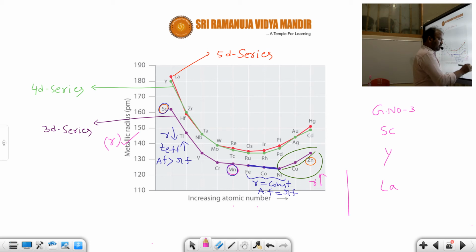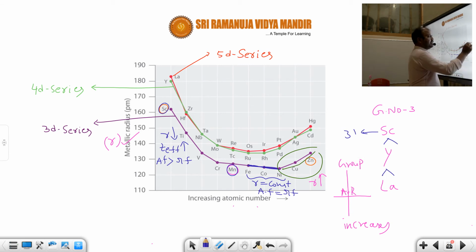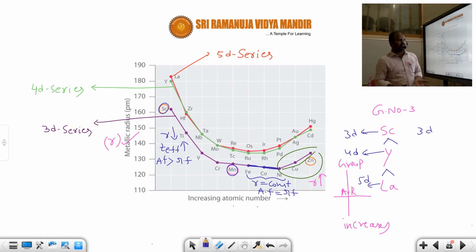Generally in groups, from top to bottom, atomic radius values increase. That's why in group number 3, atomic radius increases. Scandium is which series? 3d series. Yttrium is which series? 4d series. Lanthanum is which series? 5d series. So from top to bottom atomic radius increases.